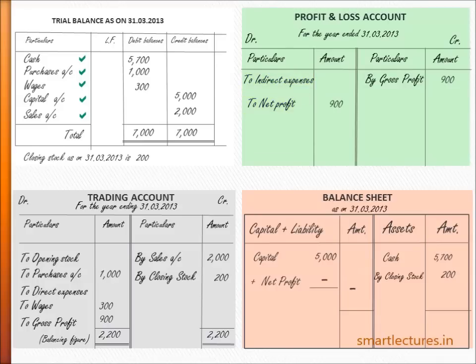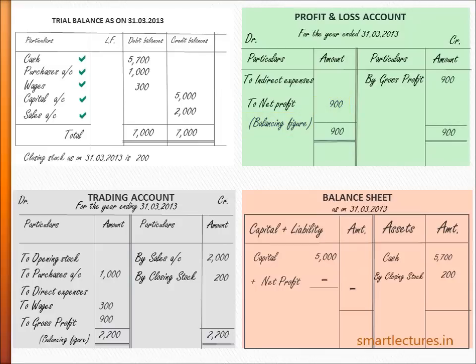That will be rupees 900. This is the balancing figure because the total on credit side was rupees 900 and the total on debit side was 0. So we had to supply 900 on the debit side because this is the weaker side. So this type of figure is called balancing figure. So profit and loss account is now completed.